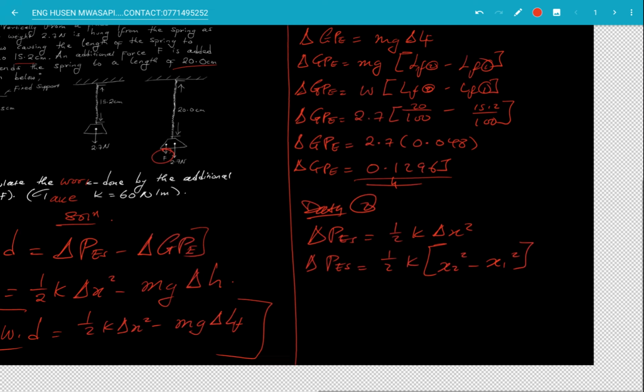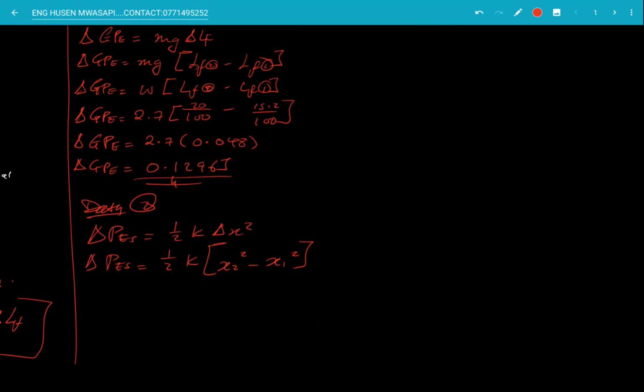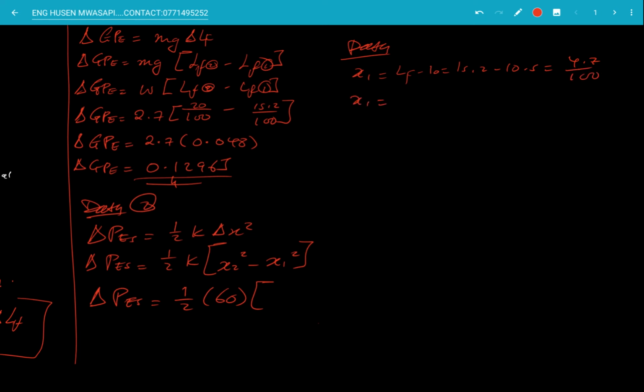If you collect your data, extension 1 will just be length final minus length initial, which will give you 15.2 minus 10.5, which gives you 4.7 divided by 100. So extension 1 will simply be 0.047 meters.